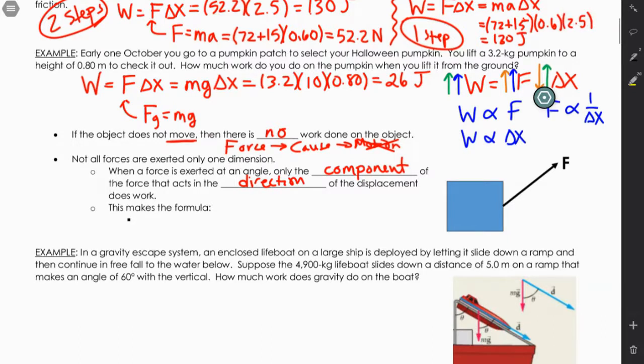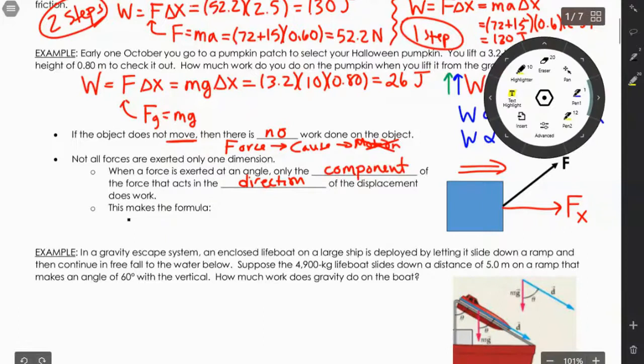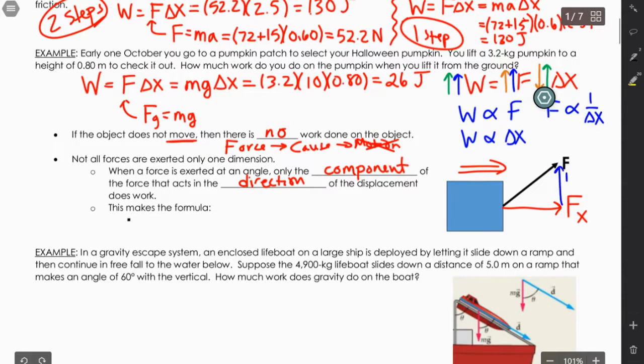And so if we're pulling a wagon to the right, the only part of this applied force that will do work will be the Fx, the x component. The vertical component, and you'll see in a second from the formula, will do no work, because it's actually perpendicular to the motion, okay?